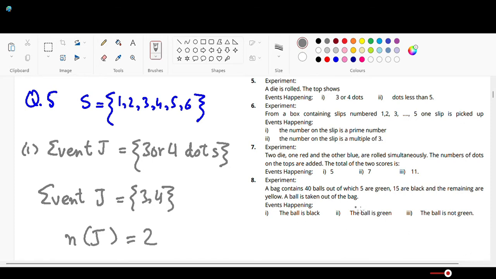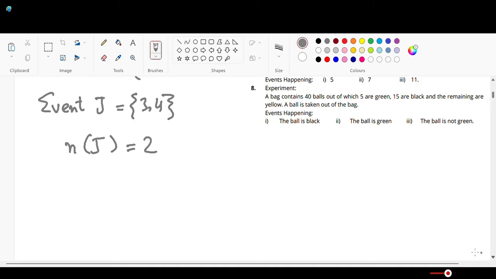By the way, I just realized I didn't get the number of elements in S. The number of elements in S will be 6, because 1, 2, 3, 4, 5, 6. There are 6 elements over here. And the number of elements in J is 2.